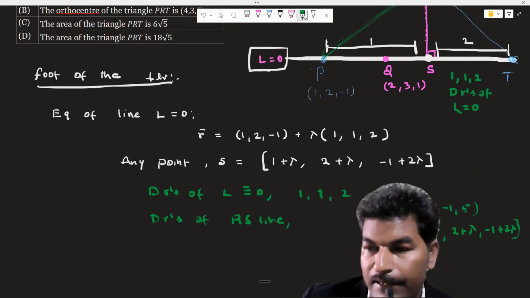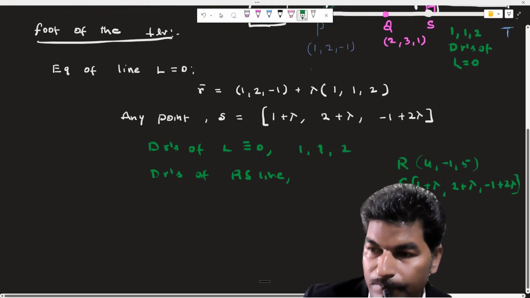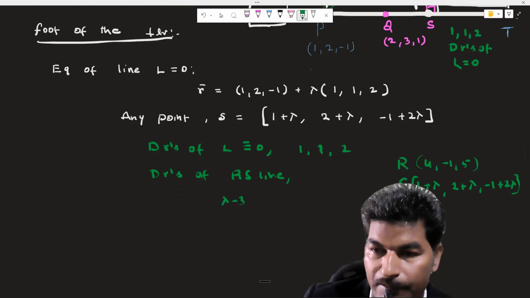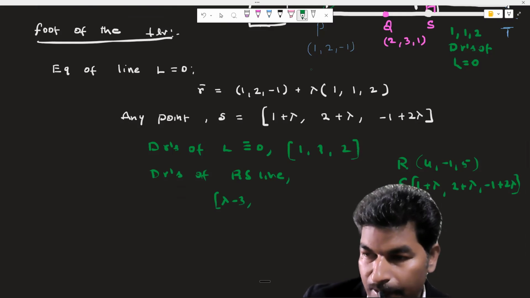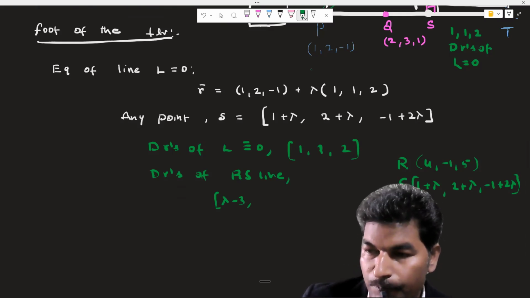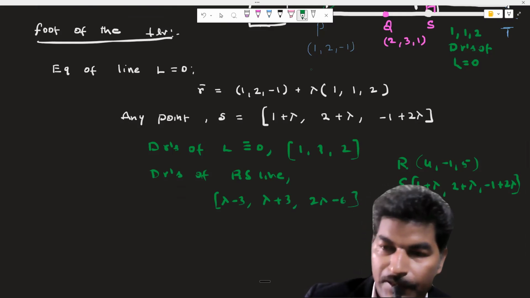So the DRs of the RS line are lambda minus 3, lambda plus 3, and 2 lambda minus 6.